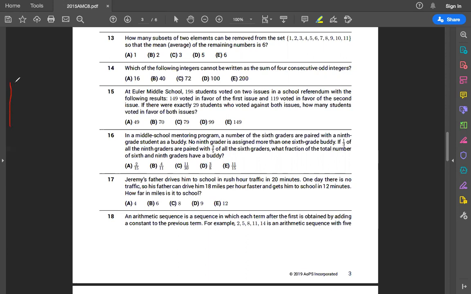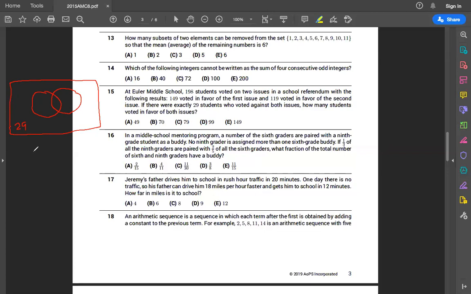So I'll start by drawing a box to represent the entire student population, which we know is 198, or rather the number of students that voted. And I'll draw 2 circles, one for each issue, and then I'll put 29 right here outside of both circles because they voted against both issues.